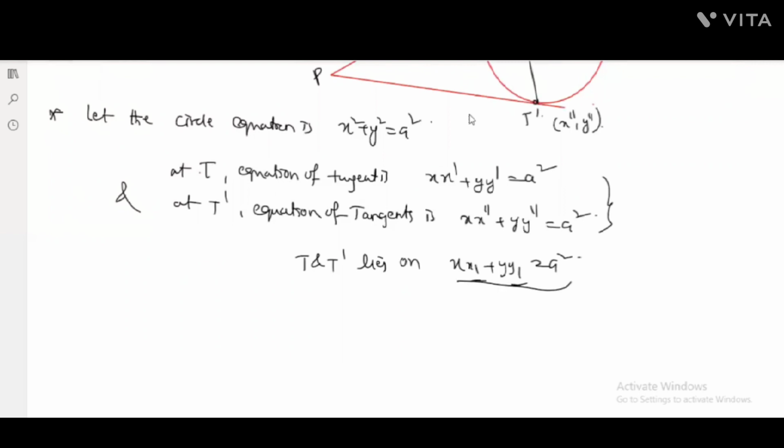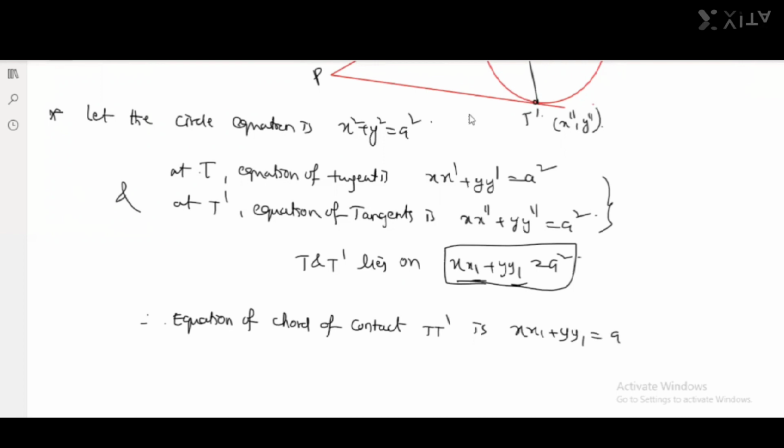So finally we can conclude that the equation of chord of contact T dash is x x1 plus y y1 is equal to a square, which is also written as T is equal to 0. So this is the equation of chord of contact.